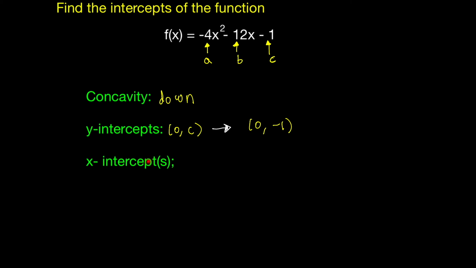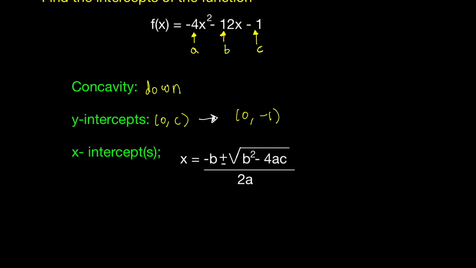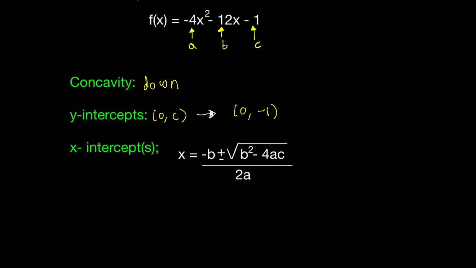Now, in order to calculate the x-intercepts, I'm going to use the quadratic formula. So I'm going to begin to substitute all of my values onto the quadratic formula. So beginning with -b, I get x equal to negative, and my b value for this problem is going to be -12, plus or minus the square root of b squared, so -12 squared, minus 4, and we're going to multiply the quantities a and c.